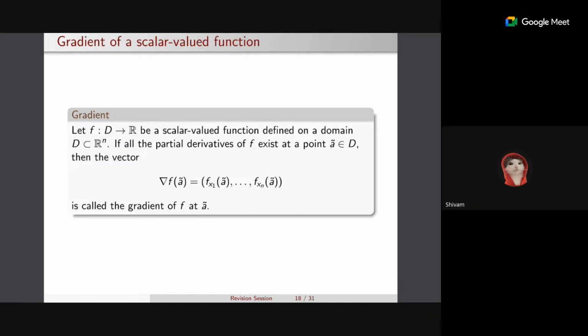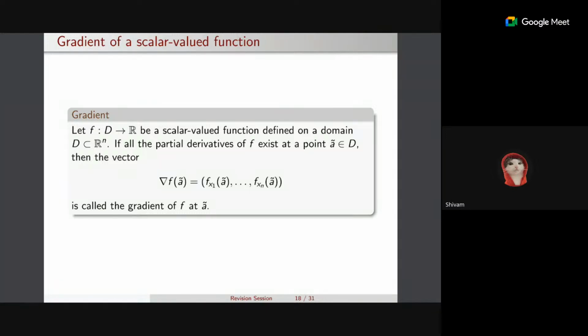Now, in the case of partial derivatives, we saw that if there is a nice function, whatever that means, then you can just differentiate it as usual and circumvent this whole limit taking process, which is typically cumbersome.